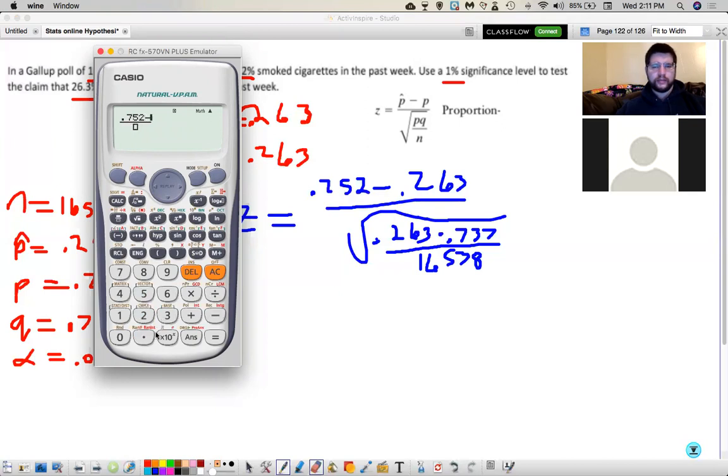0.252 minus 0.263 over square root with a fraction, 0.263 times 0.737 over 16,538. Holy crap, 143. Somehow, what? No idea what happened there.